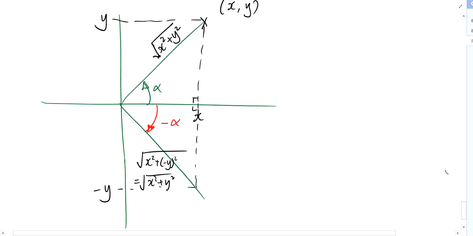Now we are going to investigate the relationship between the trigonometric ratios of alpha and negative alpha. Let's start with sine. We always start with sine. Sine alpha versus sine negative alpha. What does sine alpha give us? y over r.